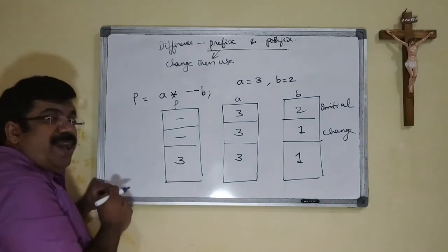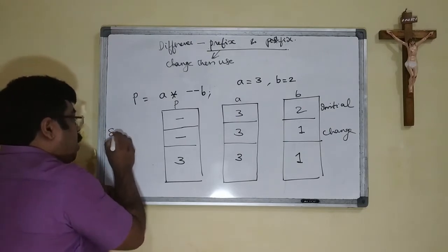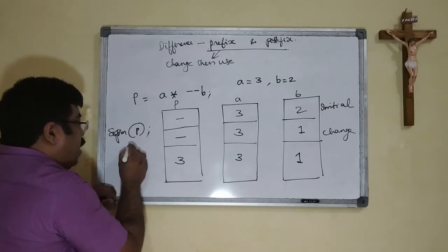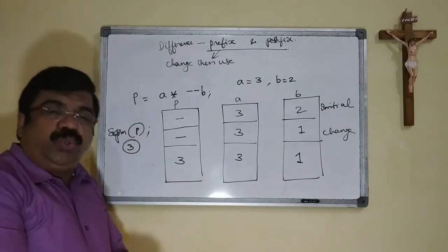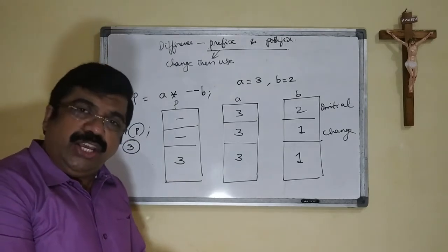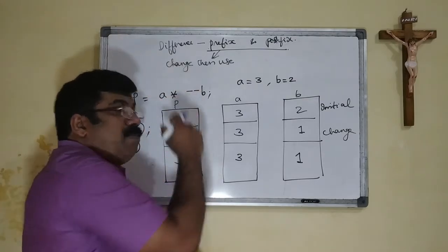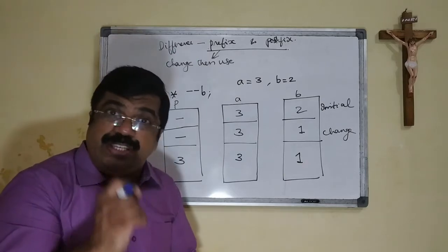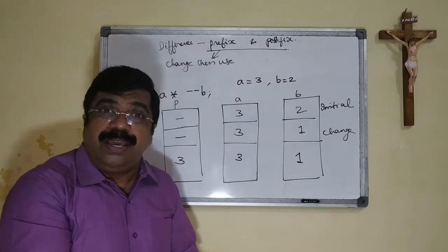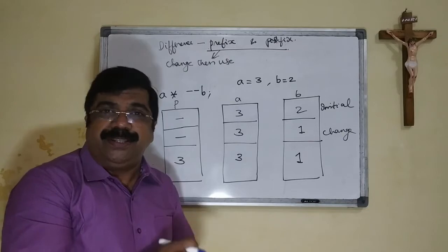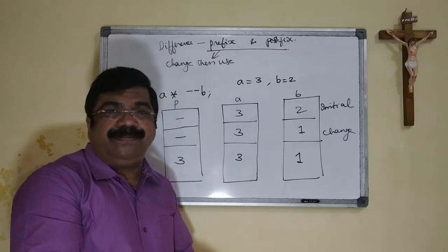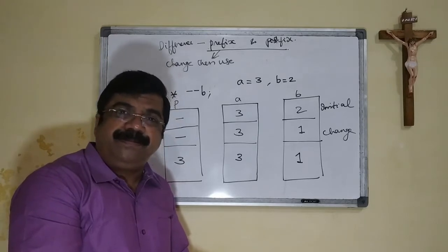When we print the final value of P, SOPLN P, the value will be printed as 3. That is, before the multiplication, the variable given with the prefix is changed, then only it is used. Is it clear? Okay.